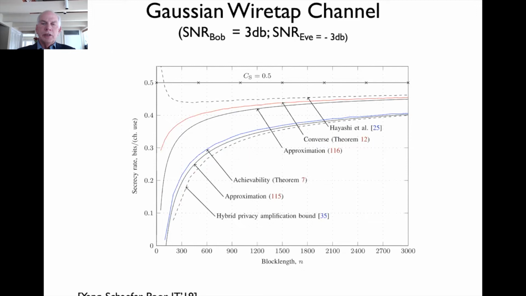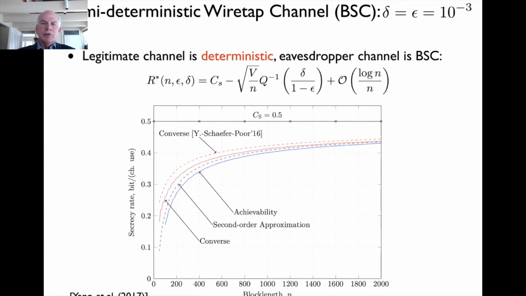So this is for the semi-deterministic wiretap channel, which means that the direct channel is deterministic and the eavesdropper's channel is a binary symmetric channel. You can see we have a very similar expression for the finite block length maximum secrecy rate.